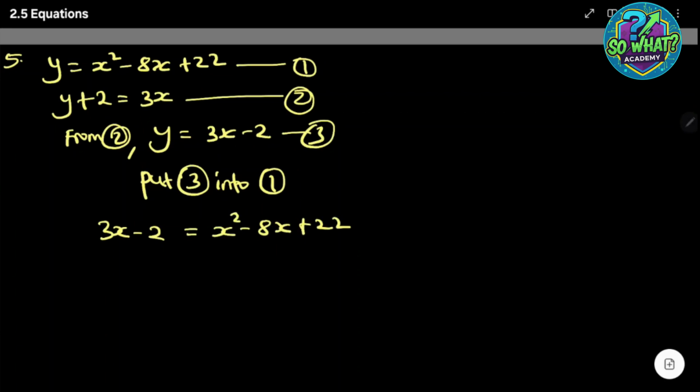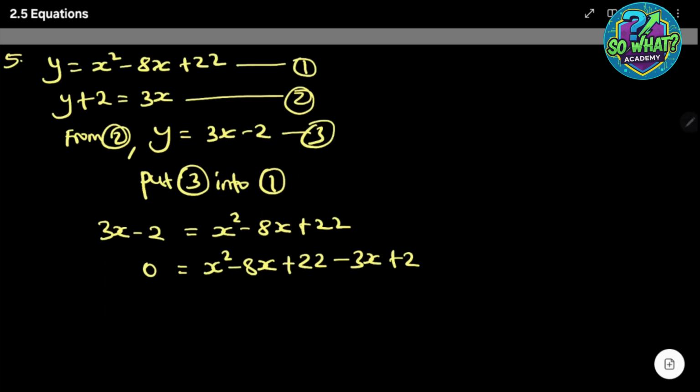Collect like terms in terms of x. We can take all these things to the other side, such that we remain with the 0 this side, and this side becomes x squared minus 8x plus 22 minus 3x plus 2. When 3x comes this side, it becomes a minus. When 2 comes, it becomes positive because it was a minus 2.